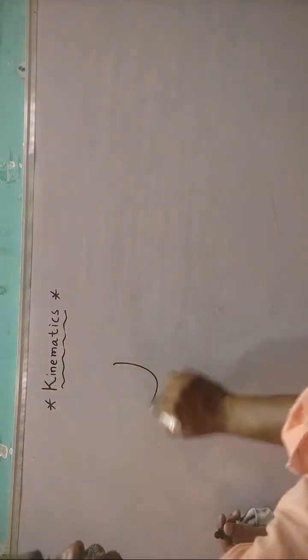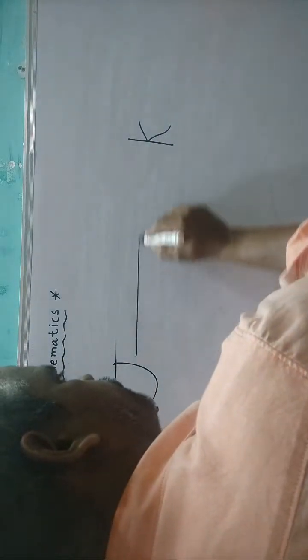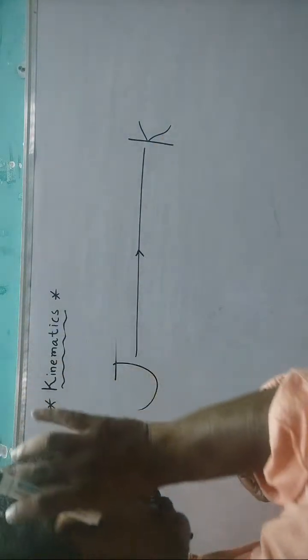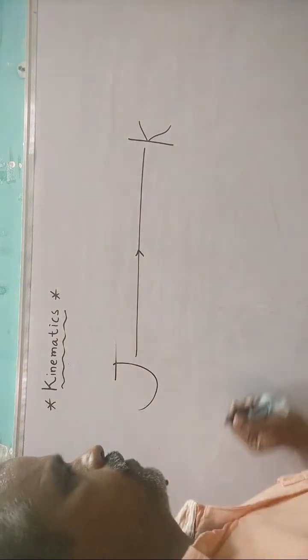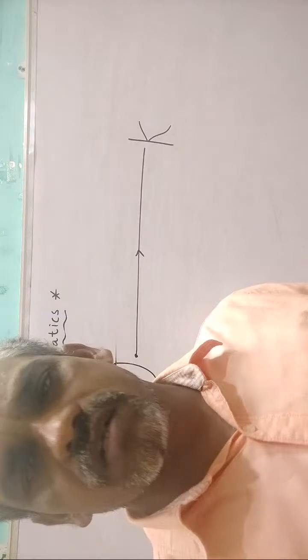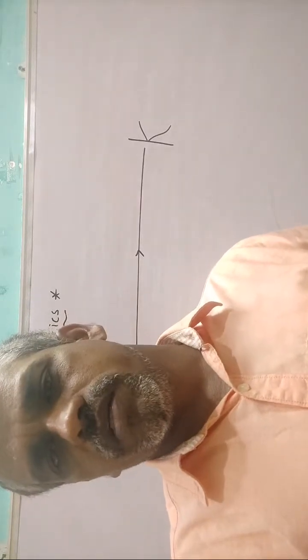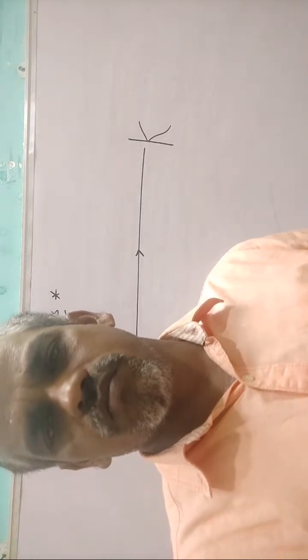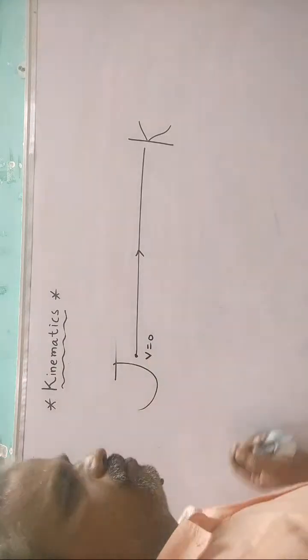For example, you are now starting to Karimnagar, moving in this direction. Initially, the car has not yet started. You haven't started the car. The velocity is equal to 0.